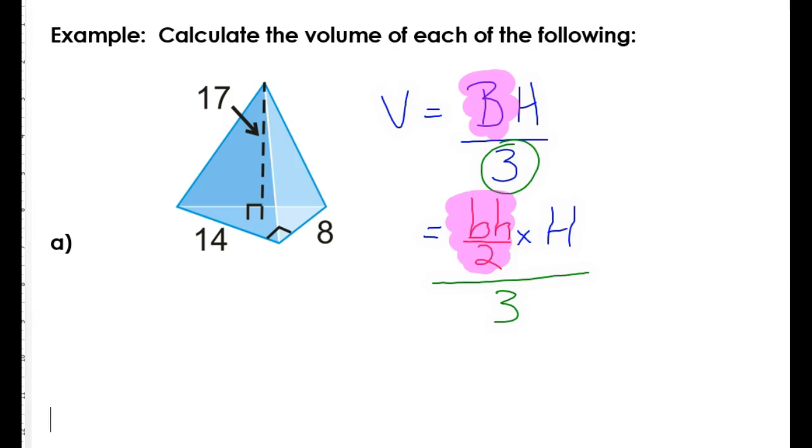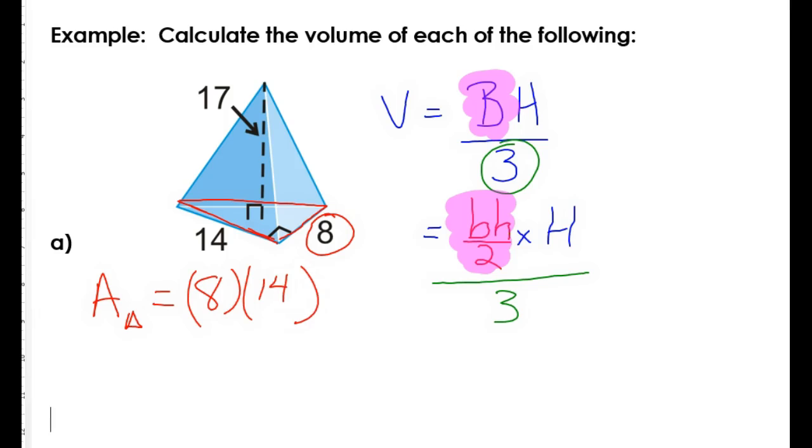Okay, so for instance, maybe I want to calculate the area of my little triangular base over here and say, well, I can see that this triangle base right here has its own base at 8 and its own height at 14.